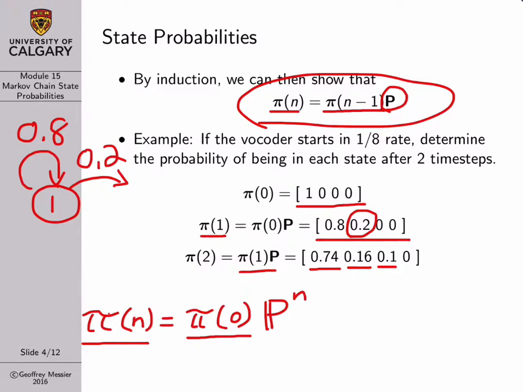So you can see how, as the Markov process progresses, we're still influenced by the fact that we started out in state 1, but we're starting to spread out to the other states. And note, like we said in the previous slide, if you want to check your calculations, the probabilities in these state vectors should always add up to 1.